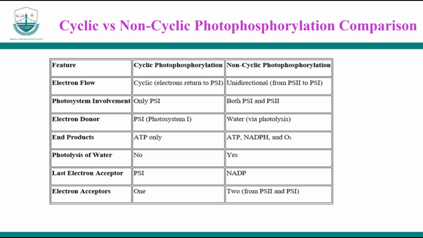It involves mainly two processes: phosphorylation and the formation of the reduced form of NADP, nicotinamide adenine dinucleotide phosphate. Another key important thing is photolysis, which is where water is split into protons, electrons, and oxygen, and that oxygen is a byproduct of photosynthesis.